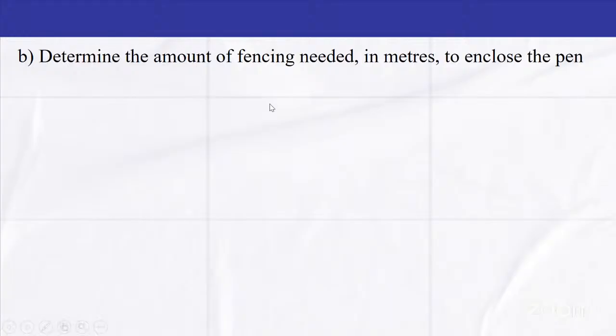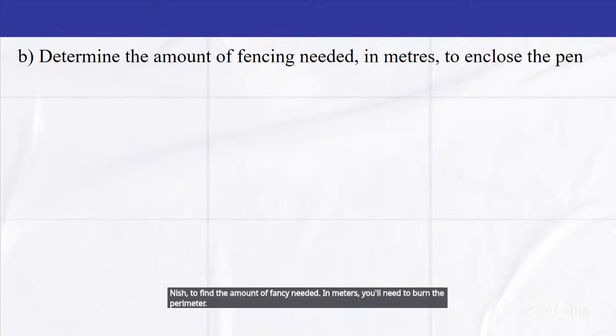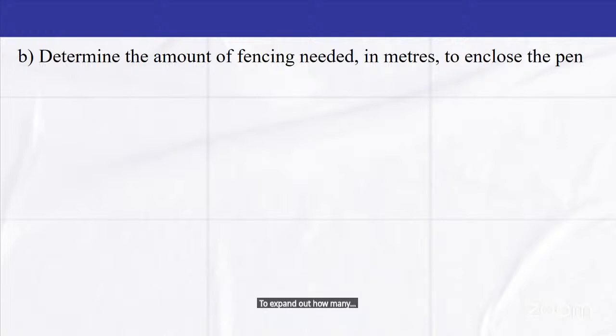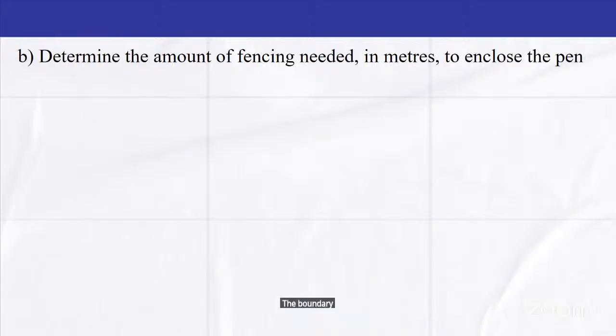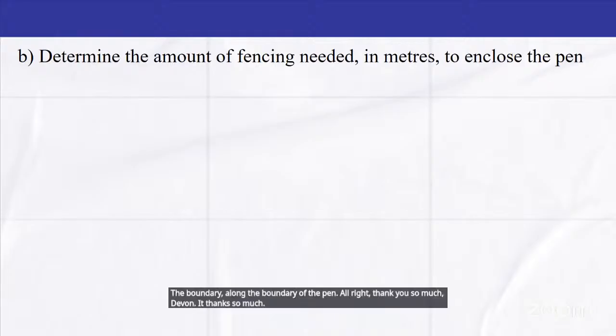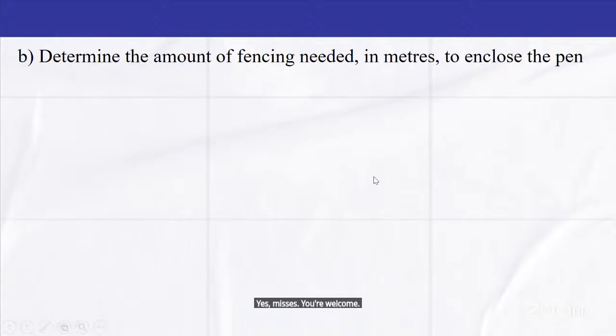To find the amount of fencing needed in meters, you need to find the perimeter to find out how much fencing you need around the pen, along the boundary of the pen. Yes, thank you so much, Devonnie.